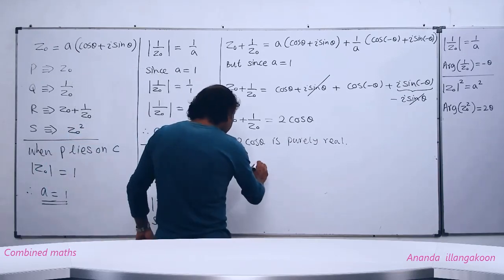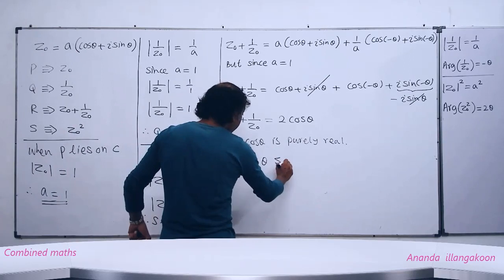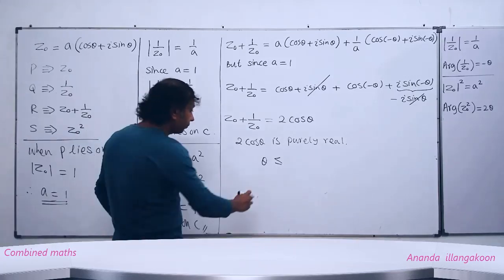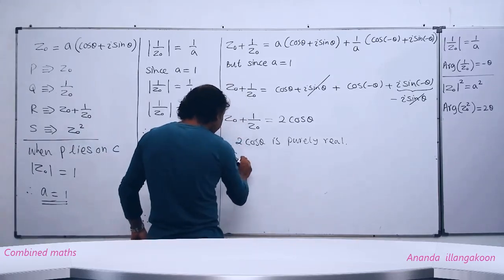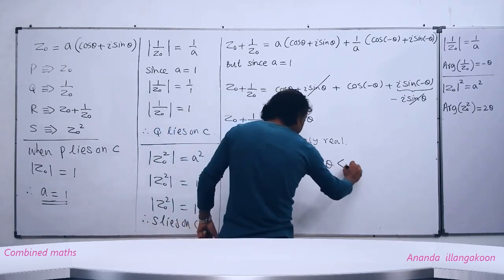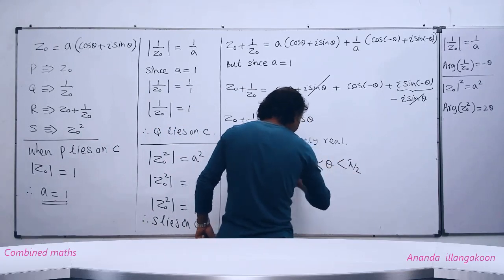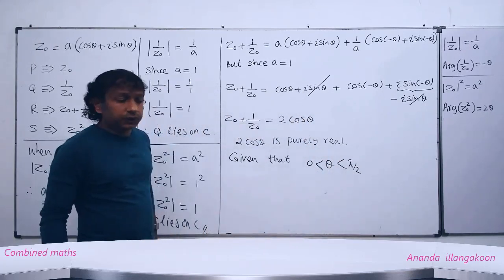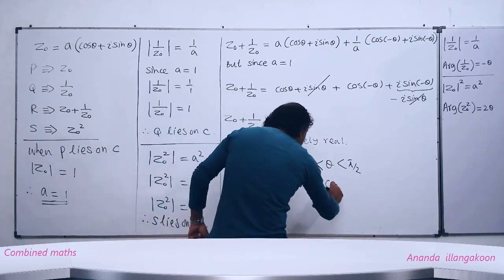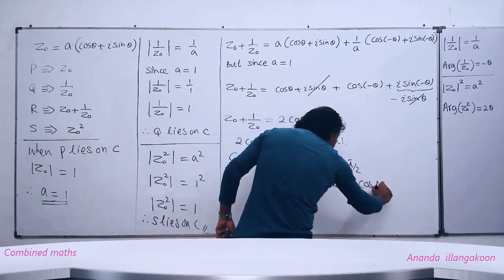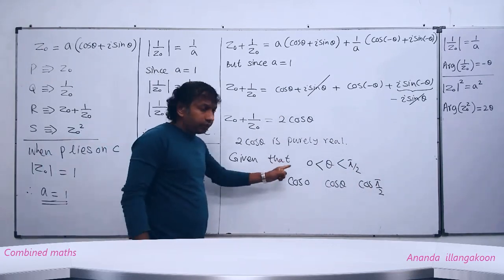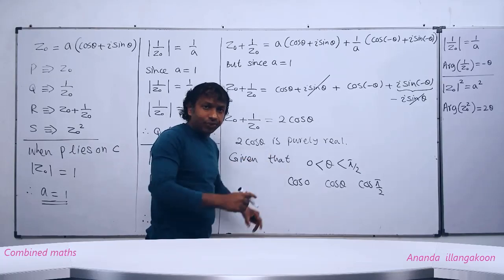That can easily be proved like this. We are given theta is greater than 0 and less than pi by 2. In this inequality, we take cos. Cos 0, cos theta, cos pi by 2. Once you take cos in this inequality, the inequality gets reversed.